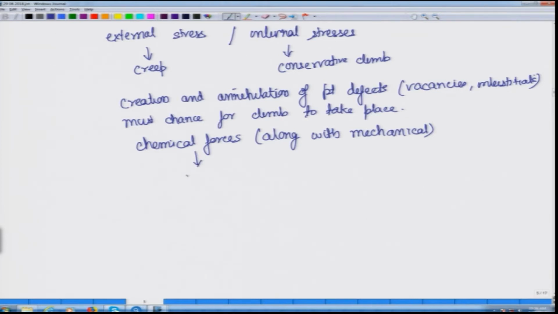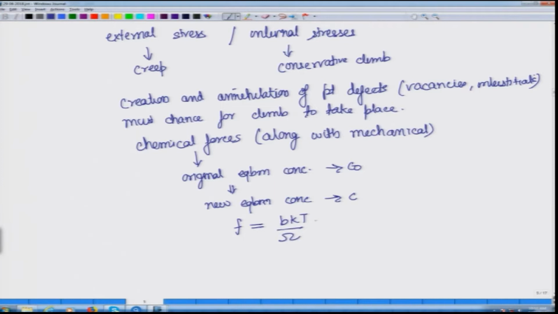So, let us say the original equilibrium concentration was C naught, and let us say it has changed to C, then it can be easily shown that this chemical force can be given as B k T by omega ln C by C naught.